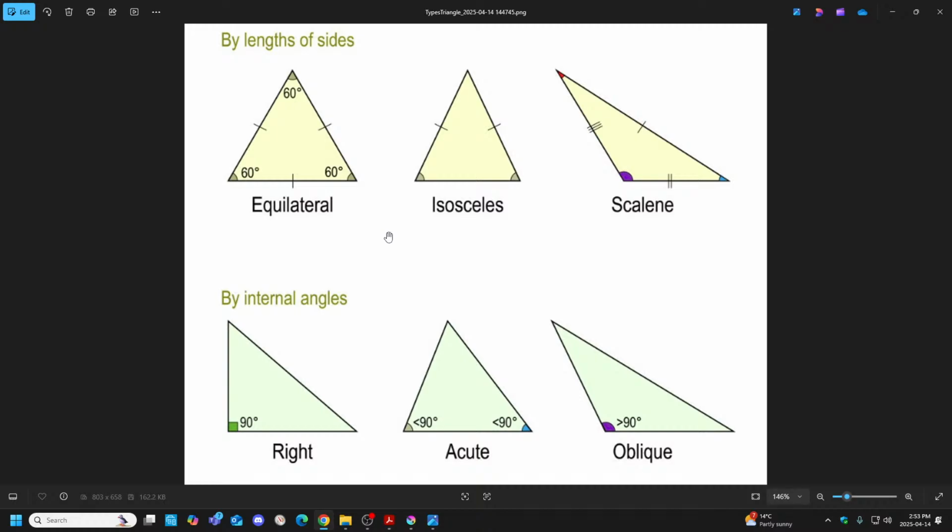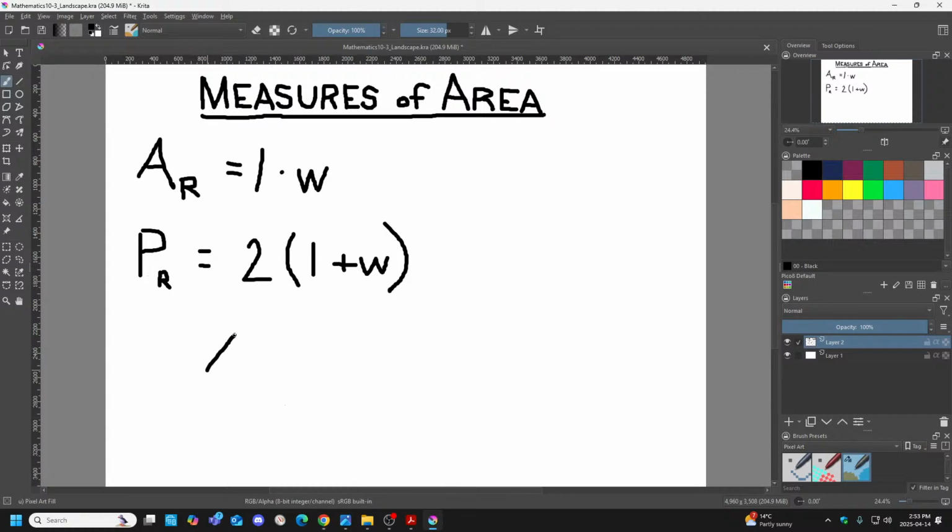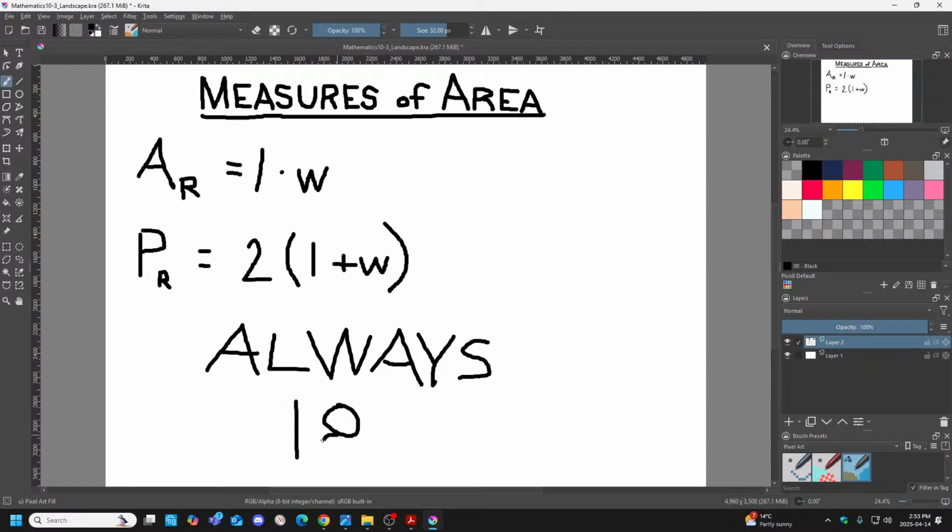If you add up the 3 interior angles, for example, 60 plus 60 plus 60, the sum of the 3 interior angles of any triangle is always 180 degrees.